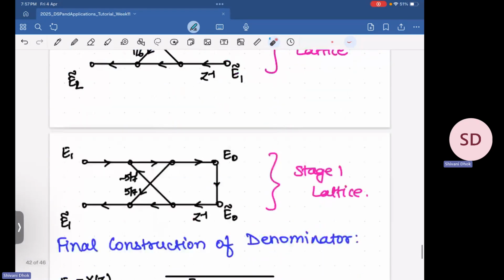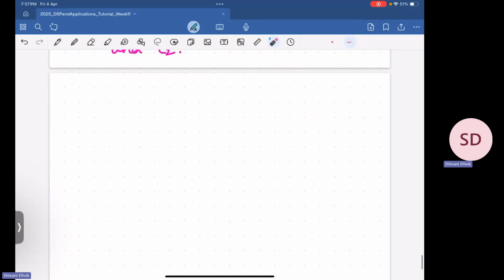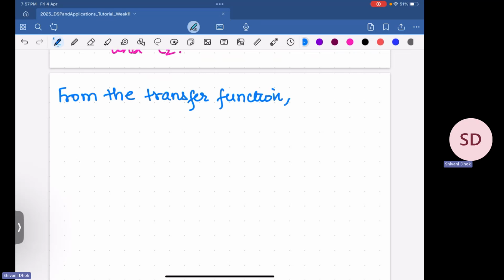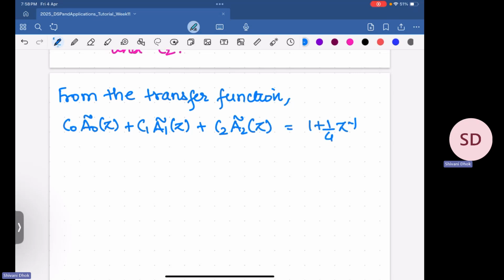Okay, so what do we get? From the transfer function we have C0 A0 tilde of Z plus C1 A1 tilde of Z plus C2 A2 tilde of Z is equal to 1 plus 1 by 4 Z inverse.